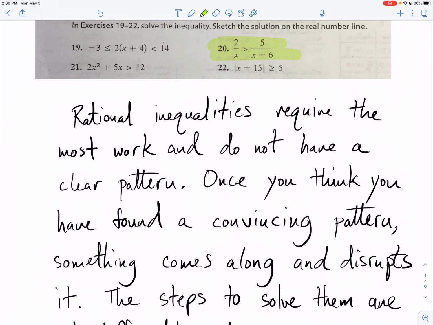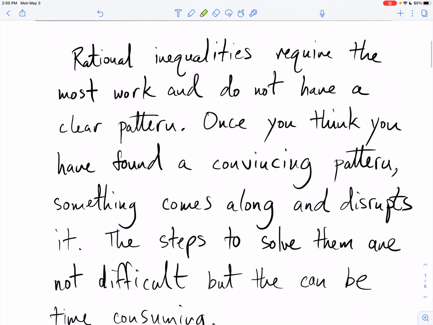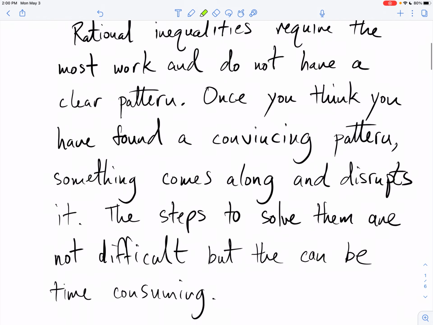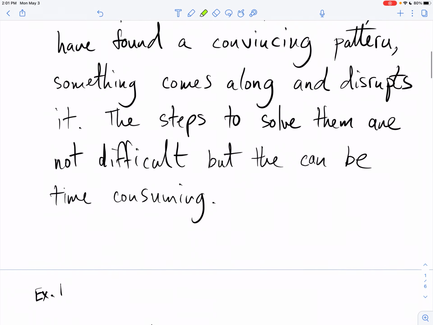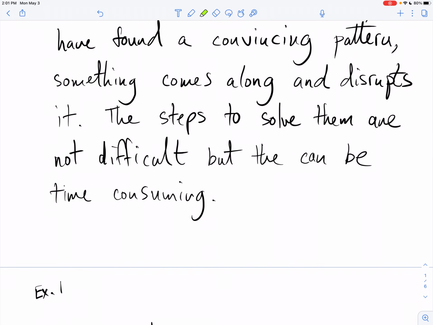Now, yes, they do, but once you think you have found a convincing pattern, something comes along and disrupts it. Okay, so the steps that I'm going to show you to solve them are not difficult, but they can be time-consuming.